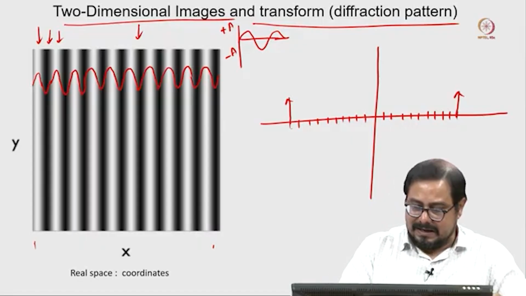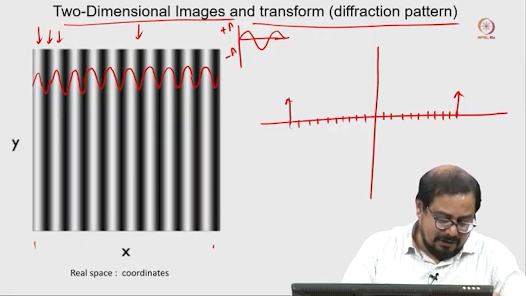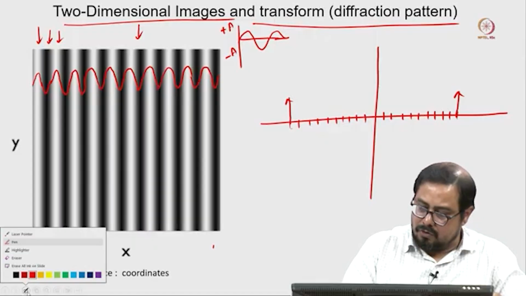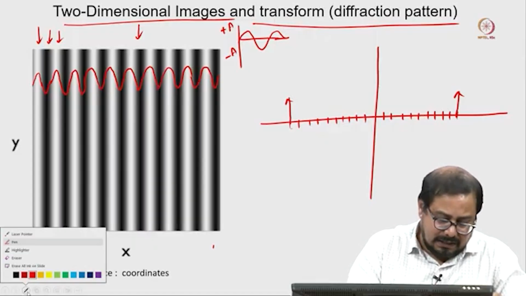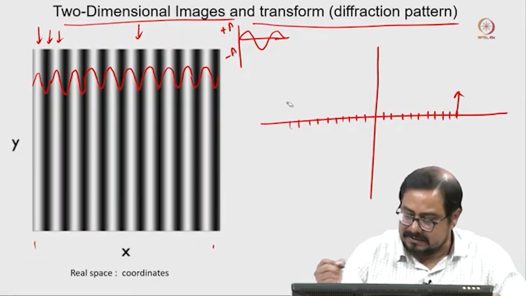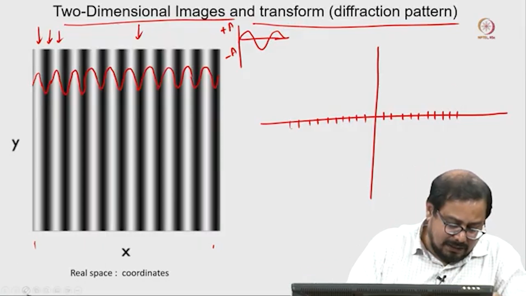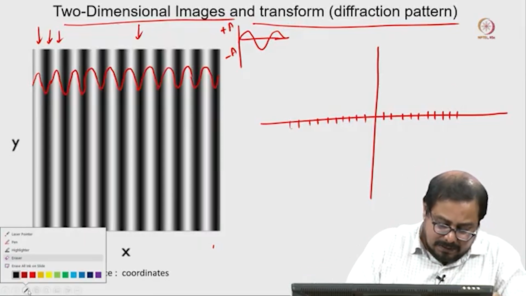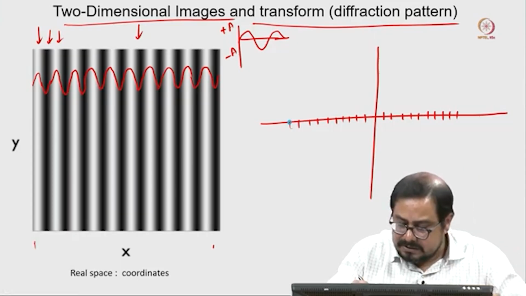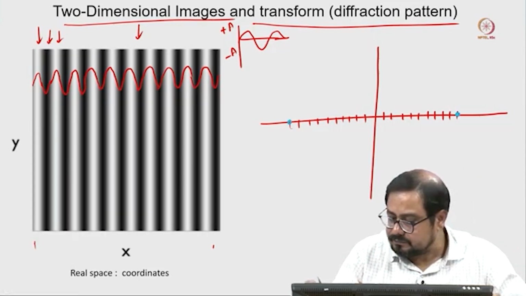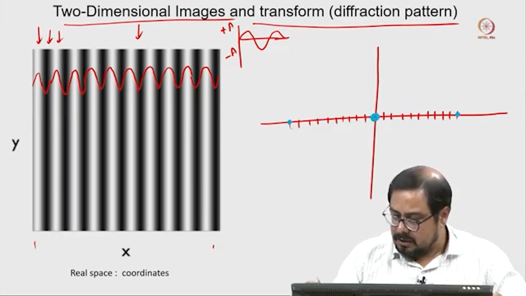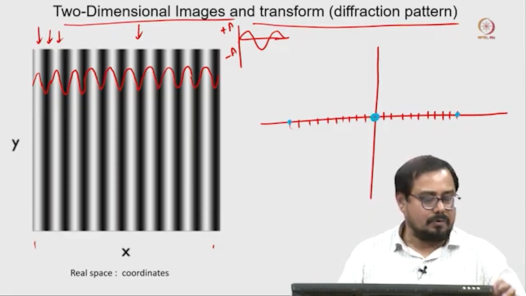Finally, when we record this information, we will not see this arrow there. Based on intensity, we will see a bright spot here. At the center there will always be a bigger bright spot, and here we will get 2 bright spots.